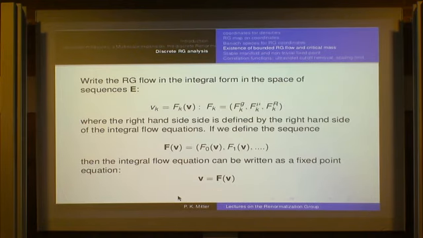If we define the sequence F of V as F0, V, F1, V, and so on, then the integral flow equation can be written as a fixed point equation: capital V is equal to F of V. So it's a fixed point equation for the whole trajectory, not just one step.